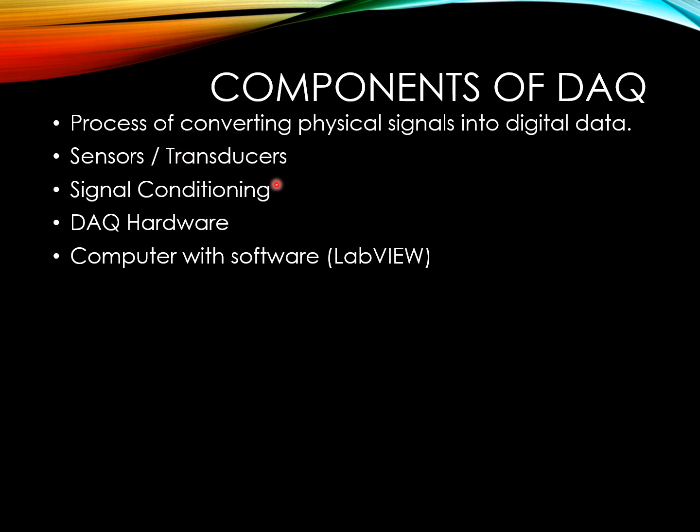A transducer converts a physical signal into an electrical equivalent signal, and those signals have to be processed to make the signal ready to be converted into a digital signal. Once the digital signal is ready, the DAQ hardware will convert the data into computer-readable information, and that will be available in LabVIEW.